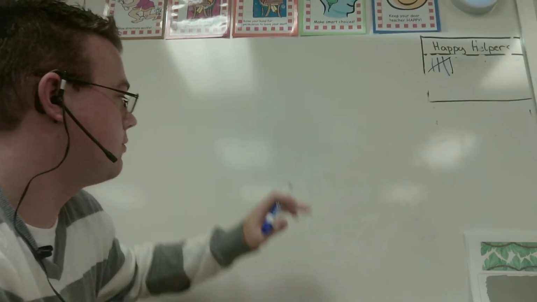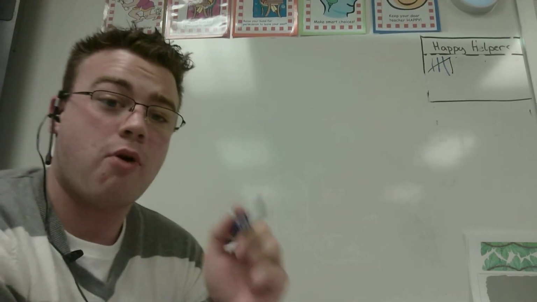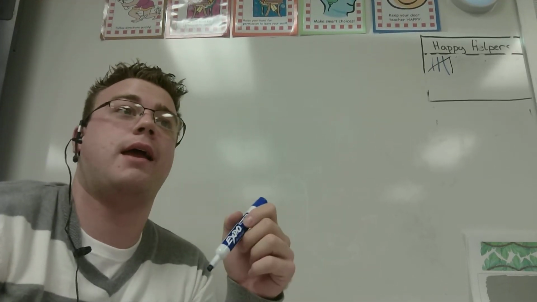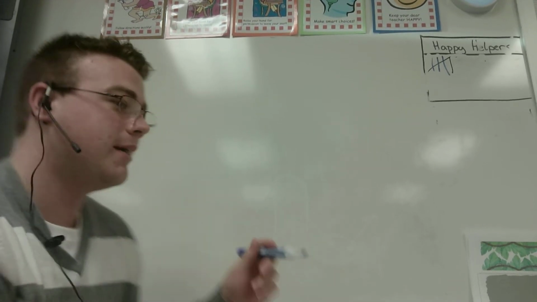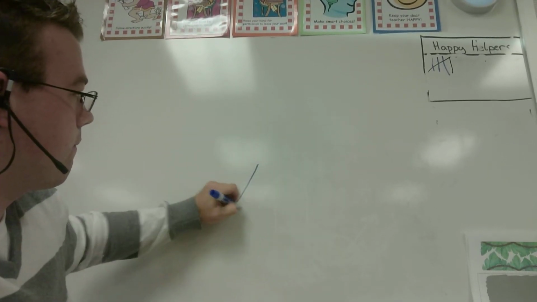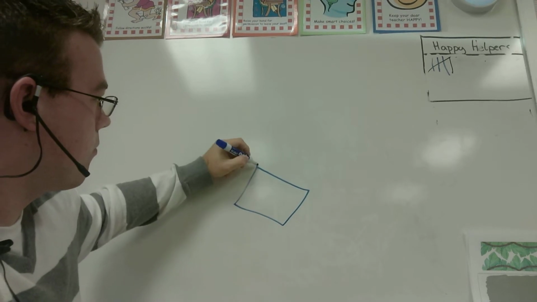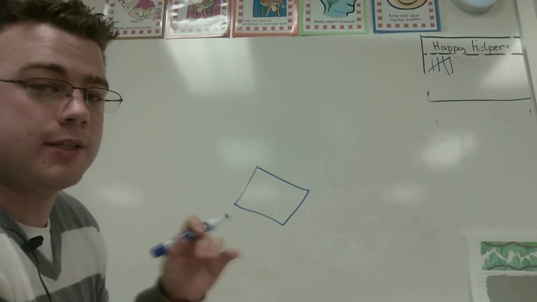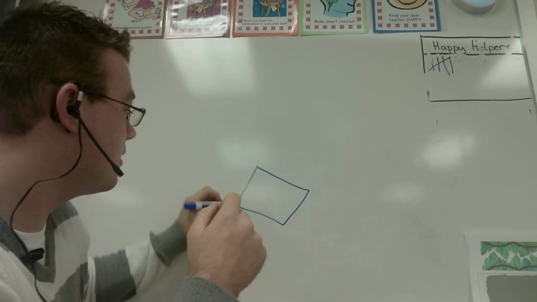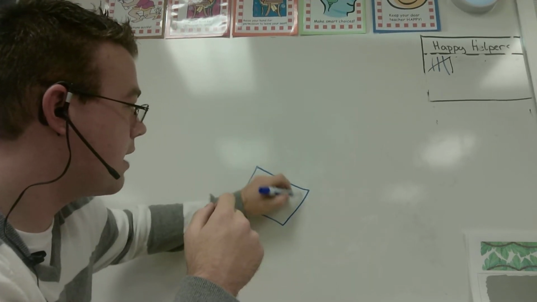Another property of a polygon is that it has to be closed. Look at this. This is a polygon because it is closed. I can color the inside of this polygon without any leaking outside because it is closed.